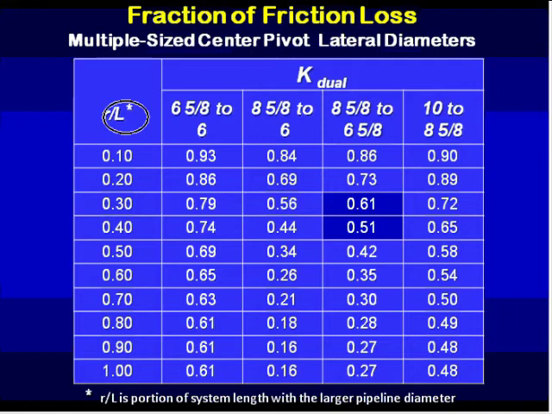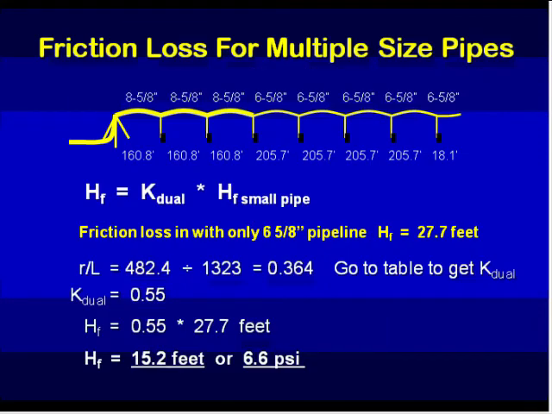So if you do the math, we end up being somewhere between 0.3 and 0.4. Actually, it's 0.36, that number turns out to be. And so we go over to our table under the 8 5/8 to 6 5/8 inch pipeline, and you can see that we're between 0.51 and 0.61 on the table. So we'll have to interpolate to get that value, and if we do that, we end up with a K dual factor of 0.55 that we'll use in our calculations.